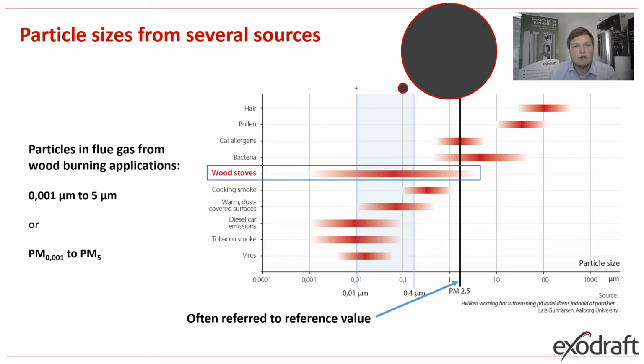And to give you a reference again from the earlier slide, here is the 1 micrometer particle above the chart with the sizes, and the 0.1 micrometer and 0.01 micrometer particle sizes. You can see the size distribution is actually very, very different in the area the wood stove emit.